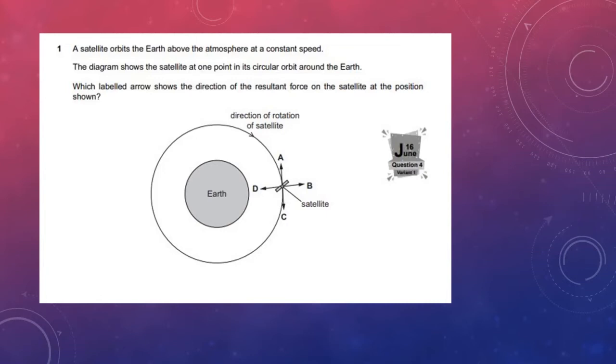So the direction of centripetal force and centripetal acceleration is represented by D, and the direction of velocity is C. Do you understand? All of you understand?